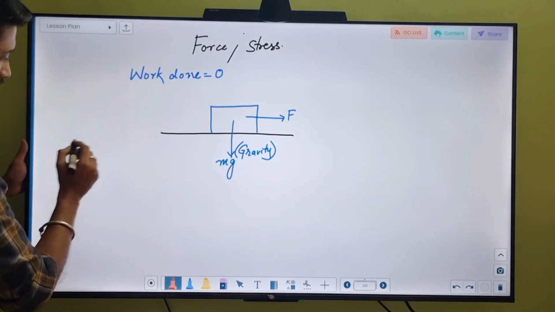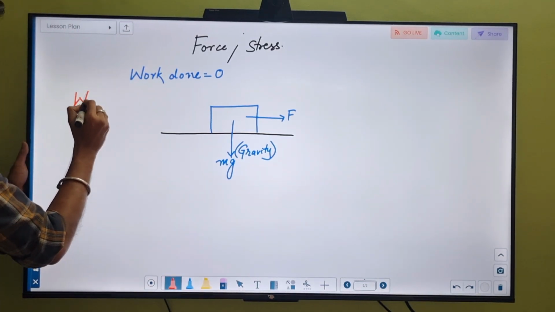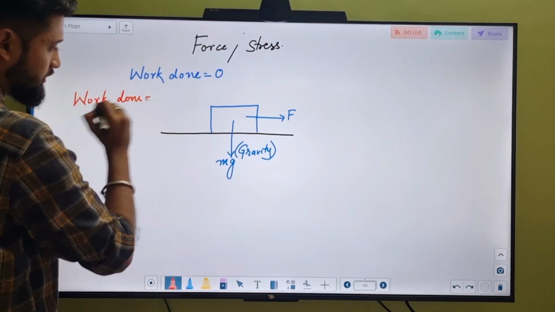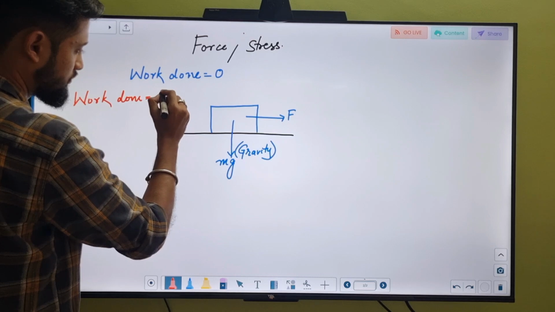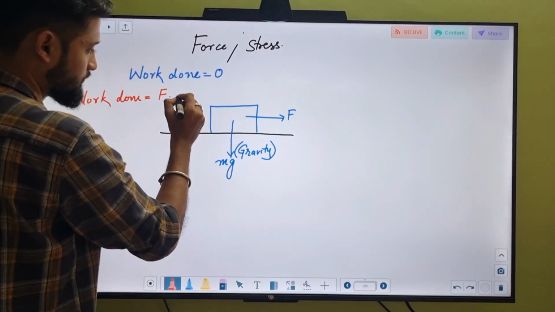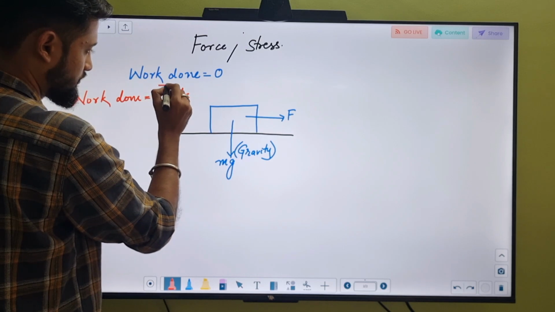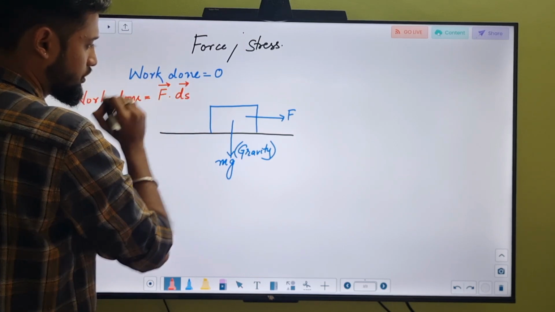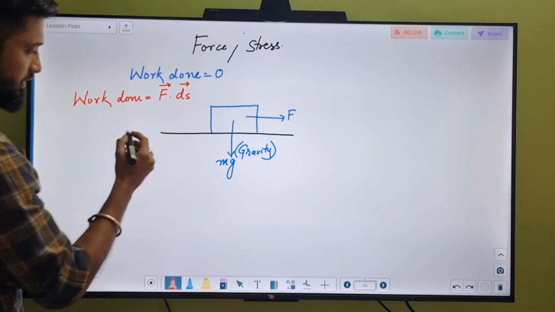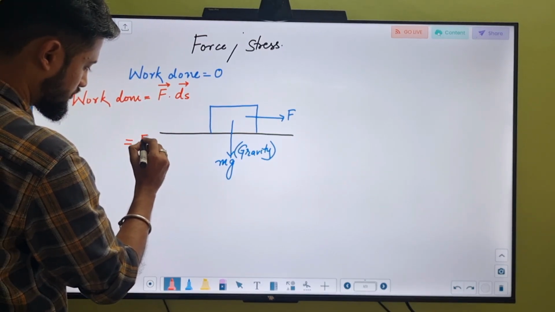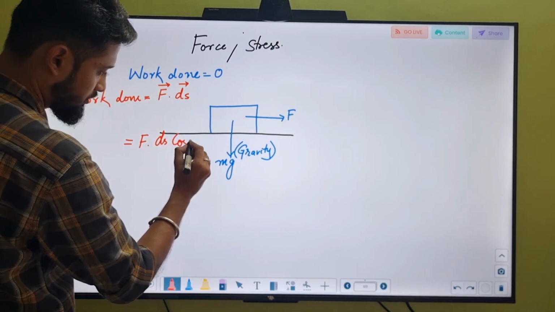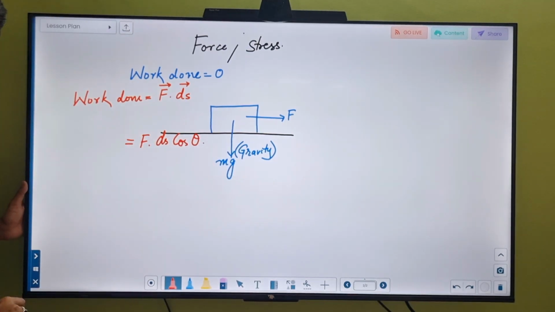So we all know the formula: work done is equal to force into ds. Okay, this is the vector symbol. So removing the vector, we'll get force into ds of cos theta.